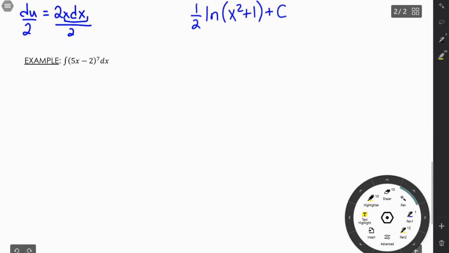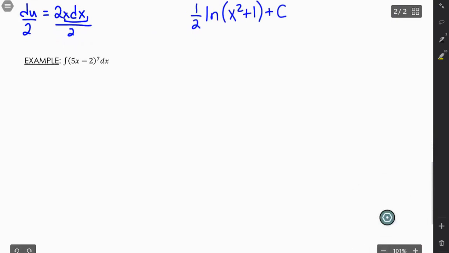Let's look at something that looks like this, where it's not a numerator and not a denominator. What we're going to say our u is, is what's inside the parentheses. Typically, that's where your u is, whatever is inside the parentheses. Then du dx is equal to 5, so du is 5 dx.